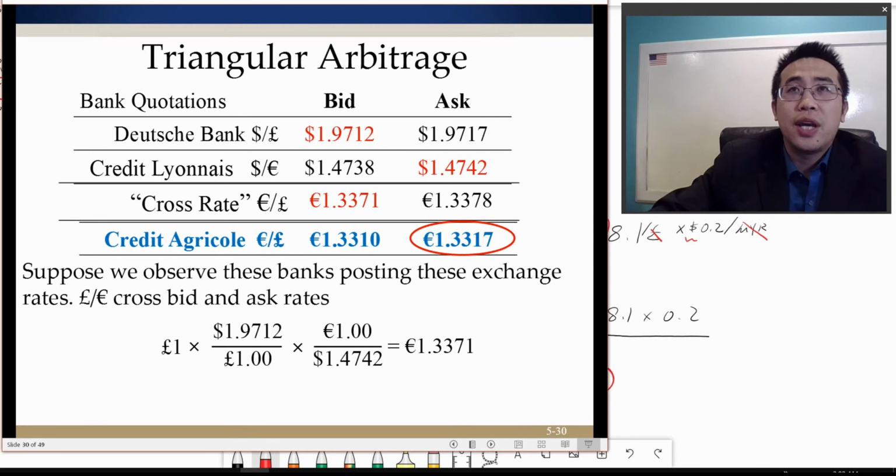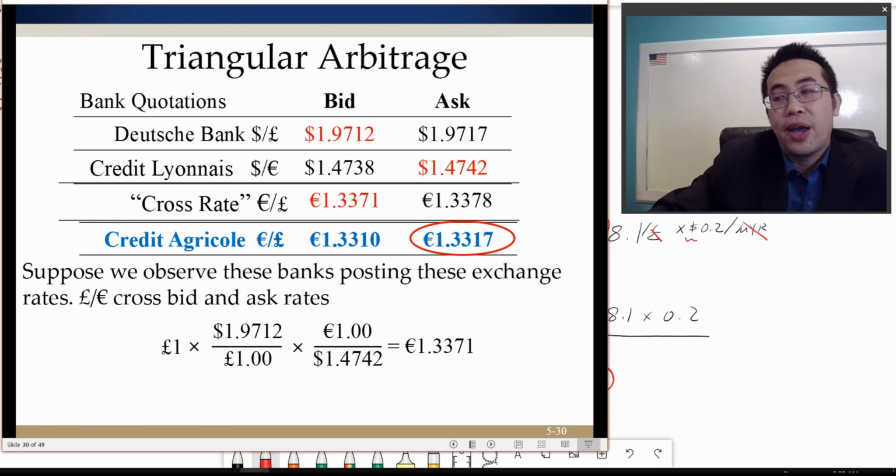You see, you need to buy pounds with euros. So when you, as an American trader, want to buy pounds with euros, which currency should you get first with US dollars? The answer is euros. You're going to start with any amount of dollars. You get euros, so you can buy pounds with the euros.